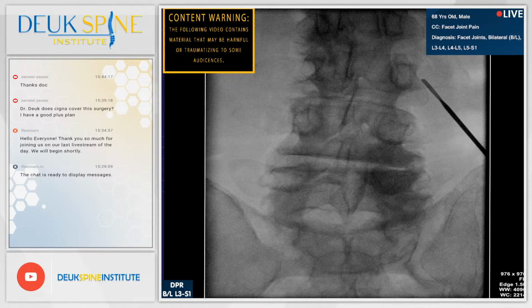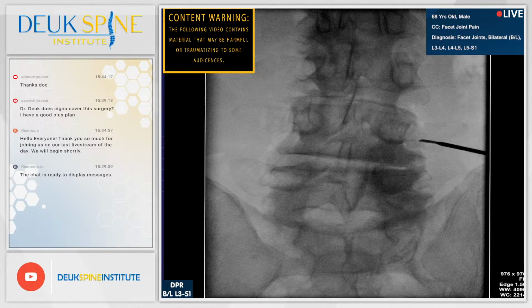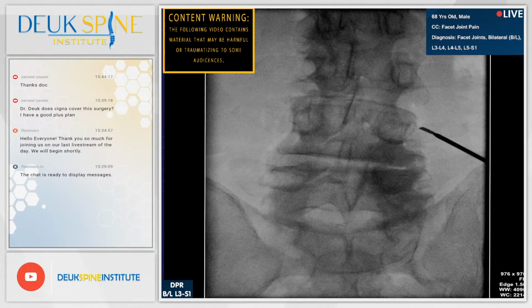And hospitals are literally going out of business because of it. It's in the news. As a matter of fact, if you go to the Deuk Spine Facebook page, I'm always posting news stories about how hospitals are fighting the insurance companies, how they're getting paid less and less.